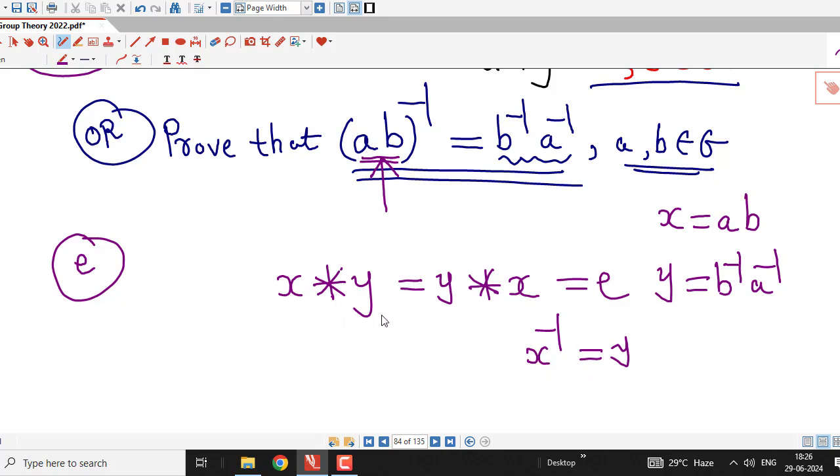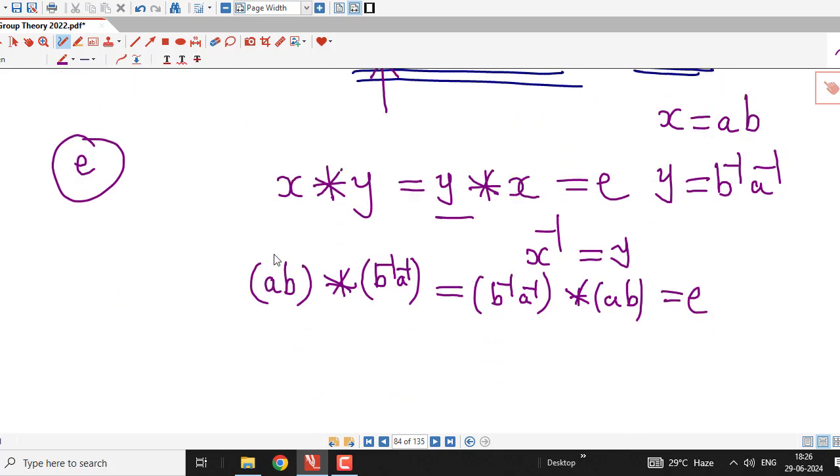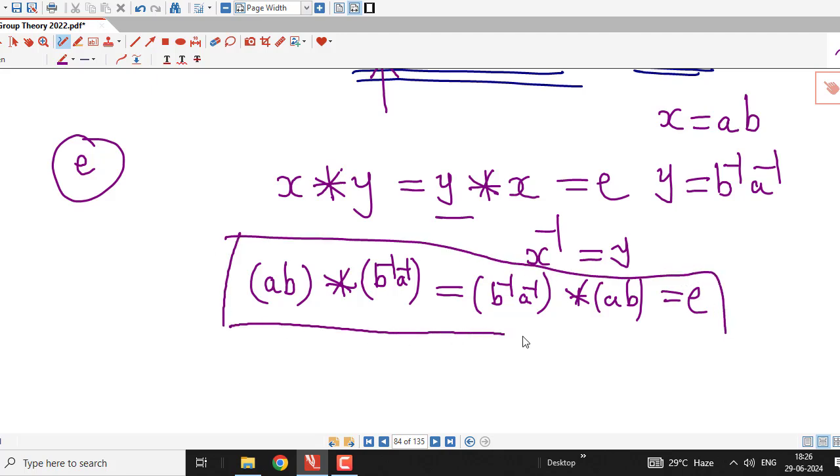So for that we have to prove that X star Y, instead of X I will write AB. So I have to prove that AB star, what is Y? Y is B inverse A inverse, that is Y star X equal to identity element. If I can prove this, then I have shown that inverse of AB is nothing but B inverse into A inverse.